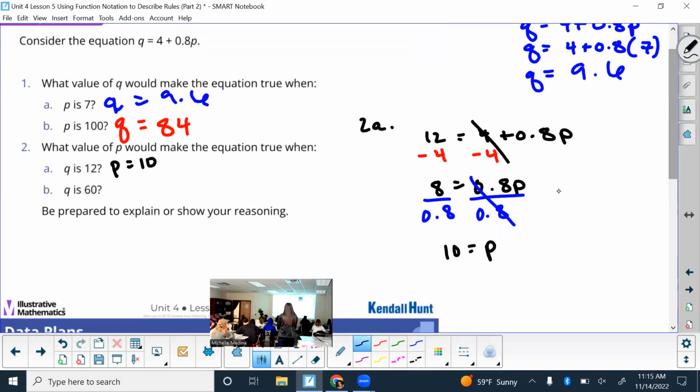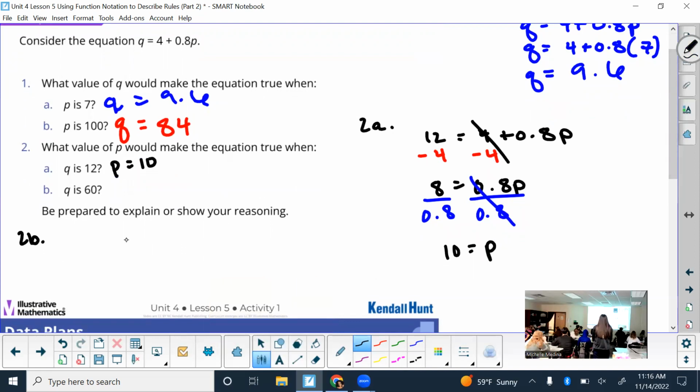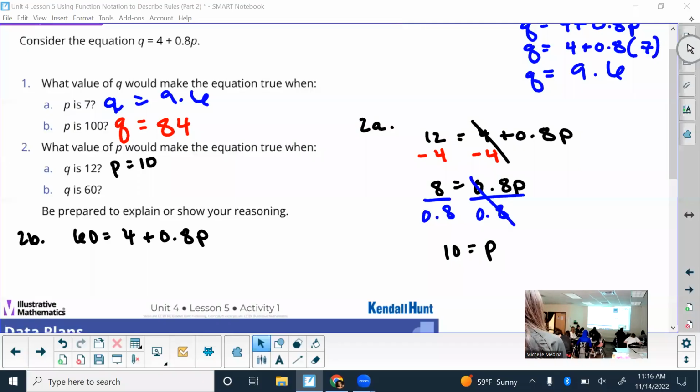Don't call it out right now, because I have a feeling a lot of you are doing this for the first time. So using this as a model, solve for when Q is 60. I'll give you 30-ish seconds. Don't call it out yet. You guys are correct. If you didn't get that, same steps as before.